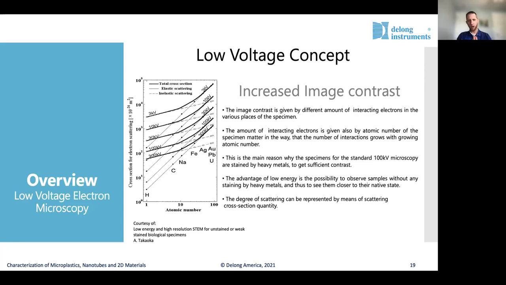So you can actually get, with a low accelerating voltage, a higher contrast of these low Z materials than you can at a conventional or high-res TEM with some of the heavier materials. It's a very interesting phenomenon that is opened up by this low accelerating voltage.